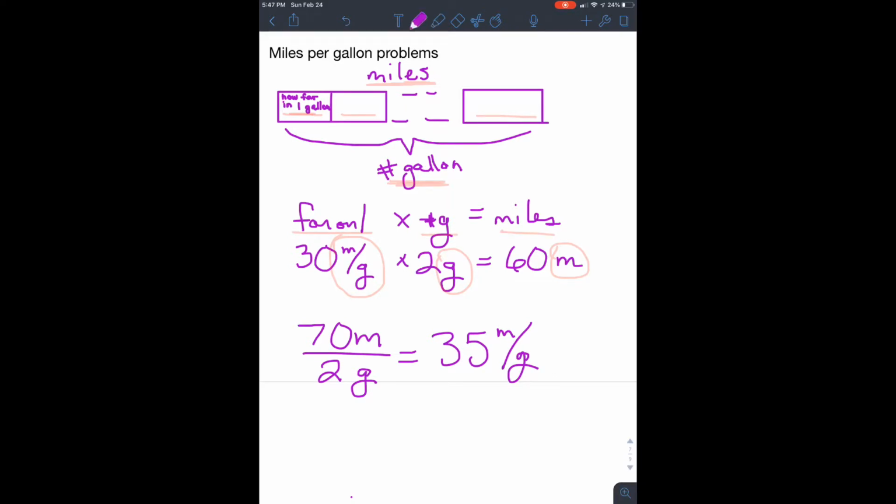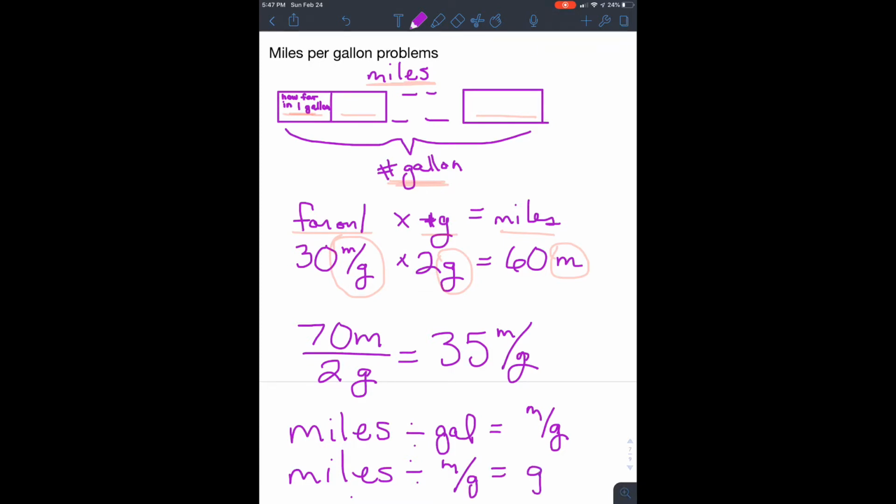If I have my number of miles, which I did on this other part, I can divide it by my gallons to get my miles per gallon, how far I go in 1 gallon. If I have my other number, my miles, and I have my miles per gallon, then I can find out how many gallons.